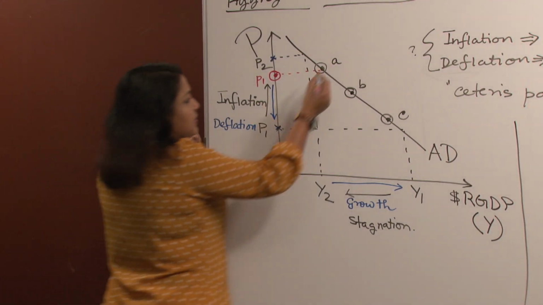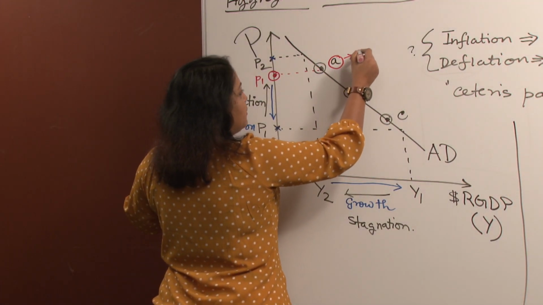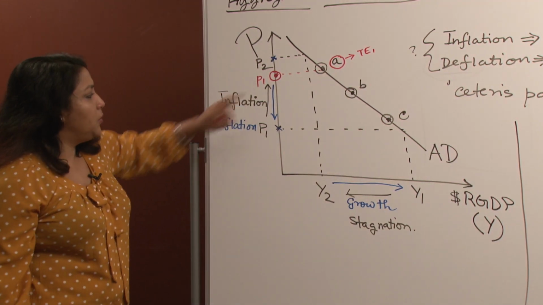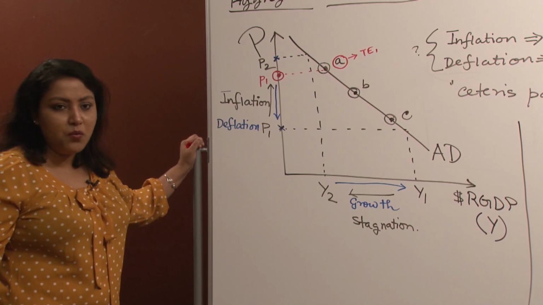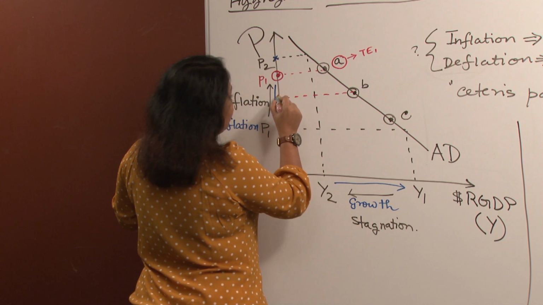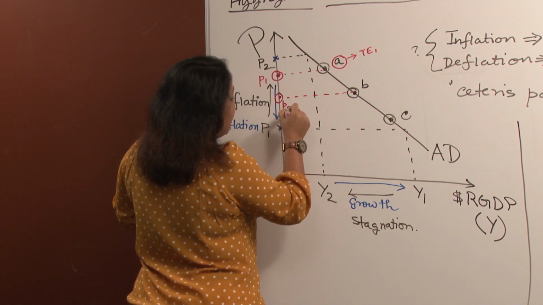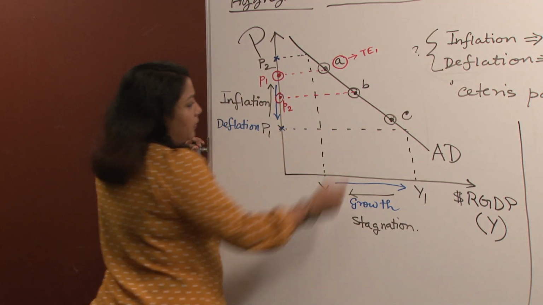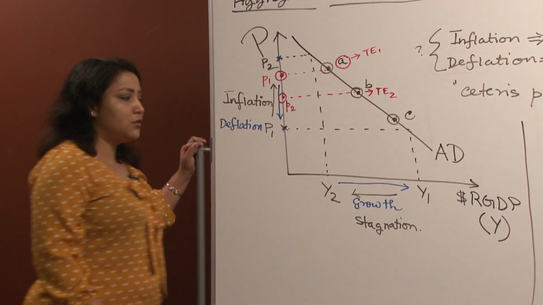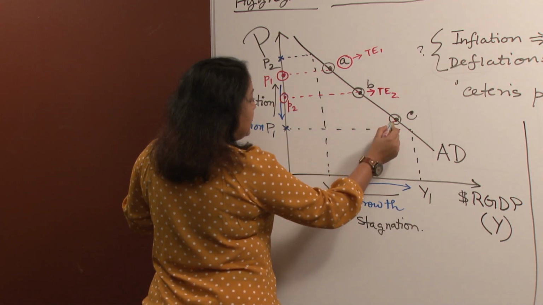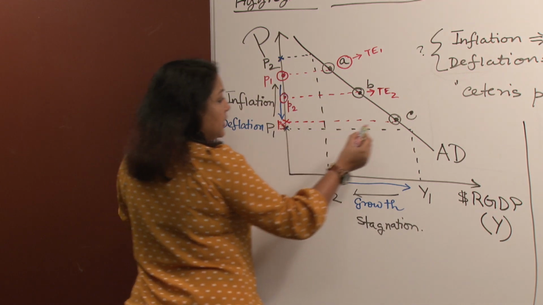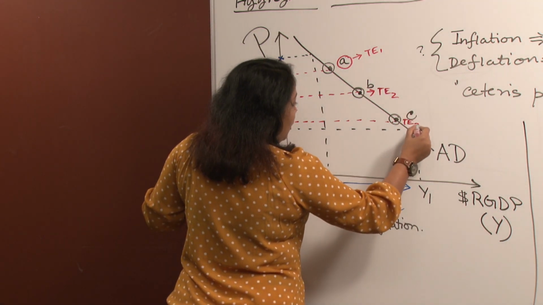Let's call that TE1. Similarly, B is the total expenditure for the economy when the price index is P2. Let's call that TE2. TE is for total expenditure. Similarly, point C is the total expenditure of the economy when the price index is P3, or TE3.